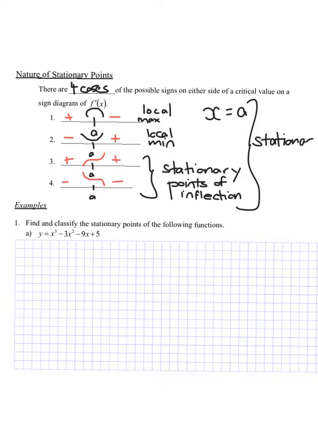Cool. So then if we do an example where we have to find and classify the stationary points of the following functions, how do you reckon you're going to do that if you want to find the stationary point?